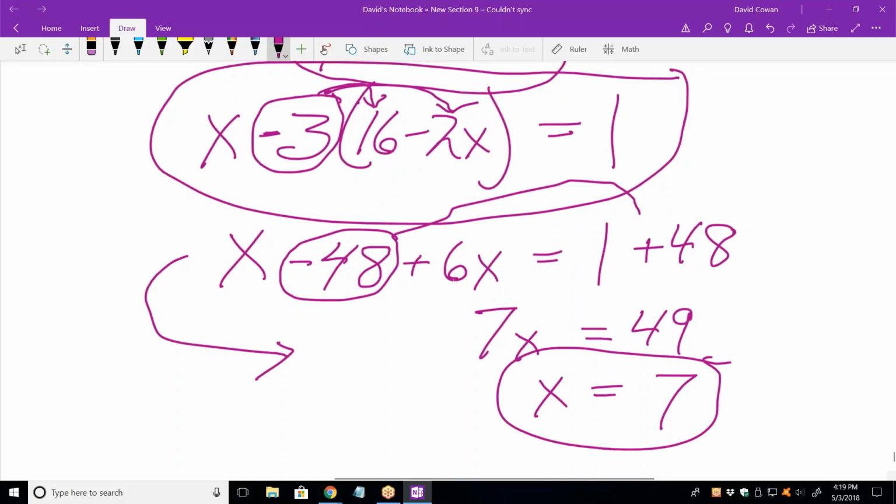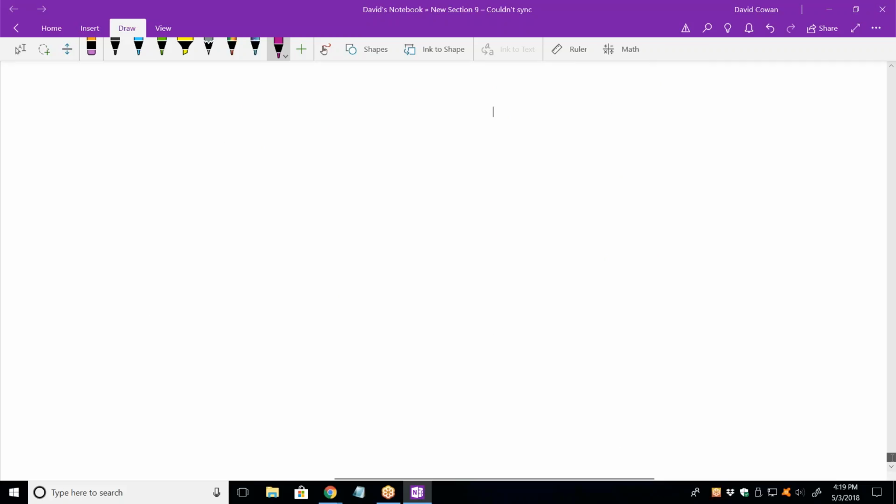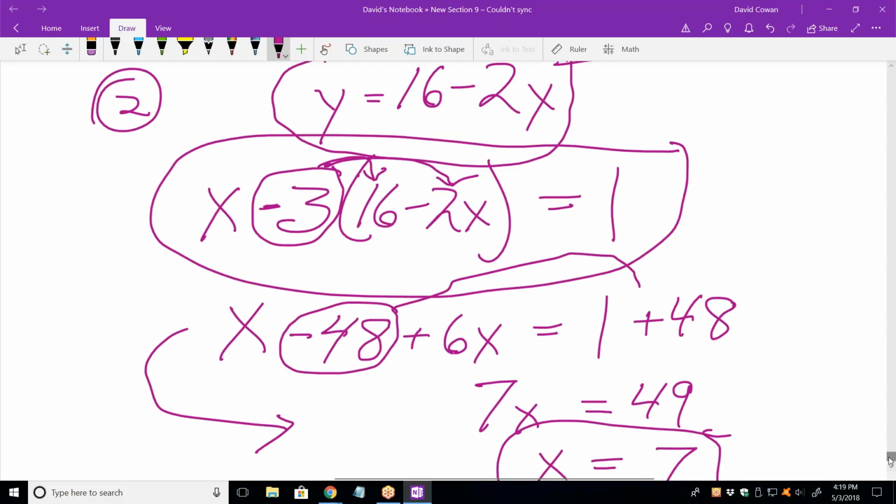Now, this started out as 2 equations, which means you always have to solve for x and y. Okay. Well, we solve for x. X is 7. If I go up and look at equation 2, tell me what y is.